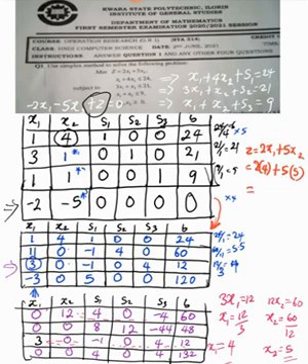Right? 2 times 4 is equal to 8, and 5 times 5 is equal to 25, and 8 plus 25 will give us 33. So Z is maximized at value 33.